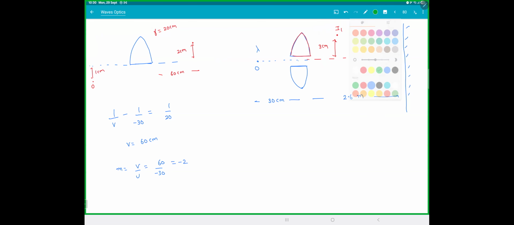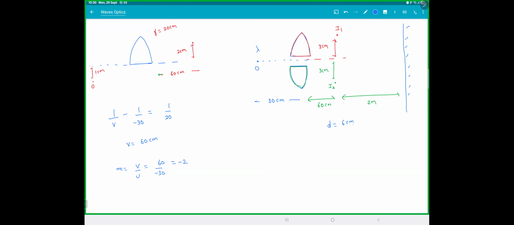The lower one will also get an image somewhere here, I2, and this also will be 3 centimeters. This distance will be 60 centimeters and this will be 2 meters. You're done. So small d is 6 centimeters, capital D is 2 meters. Fringe width is lambda capital D by small d. Got this?